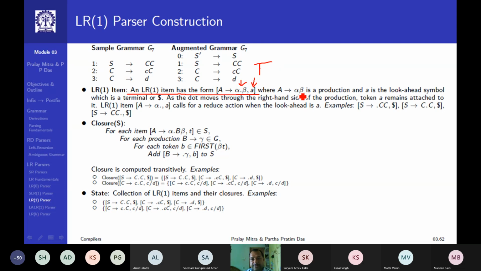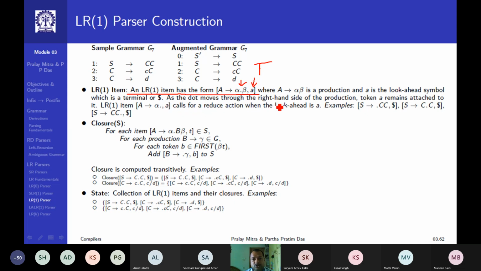A derives alpha beta is a production and a is the lookahead symbol. This lookahead can be any terminal symbol or dollar. Although we consider dollar a special kind of symbol, its property is kind of acting like a terminal. I'm not saying it is a terminal, it is of course special, but kind of.